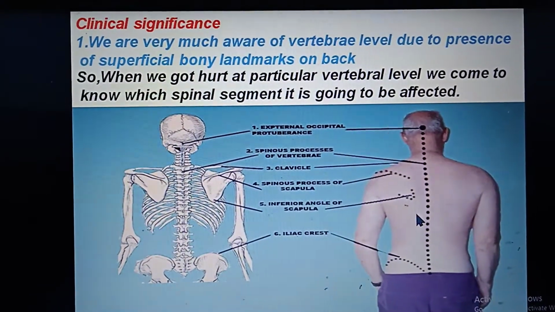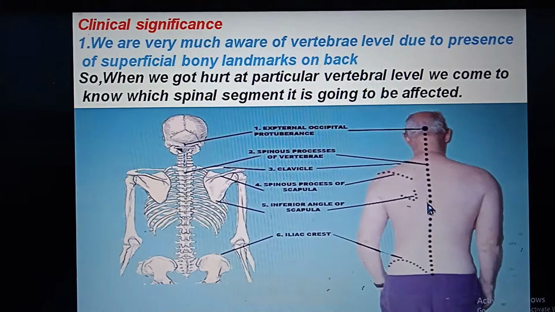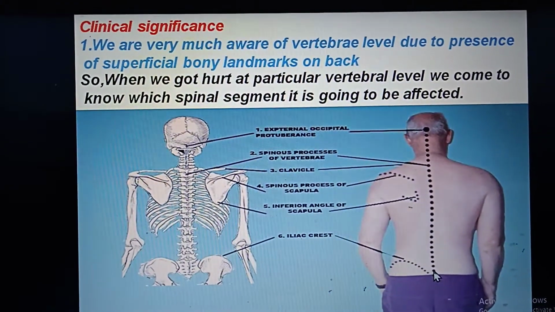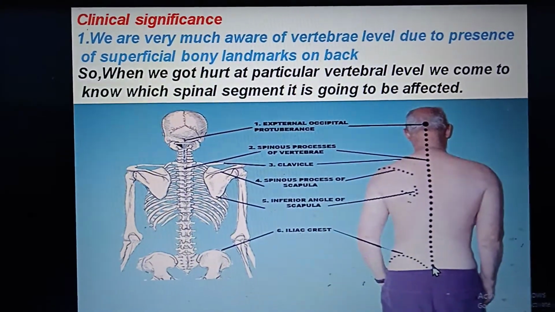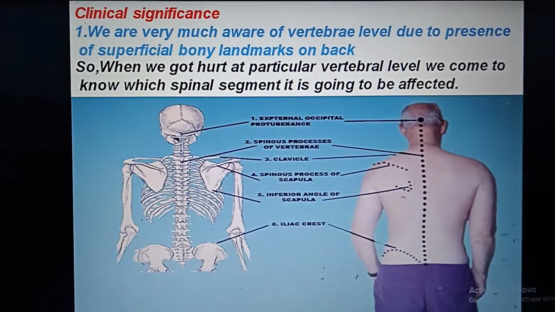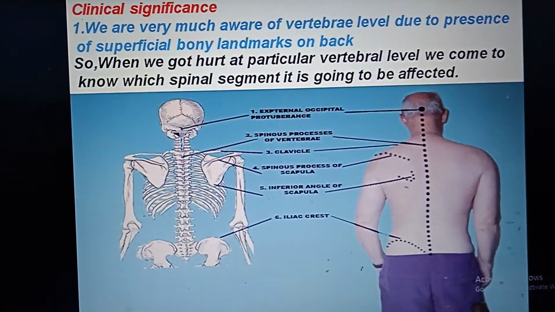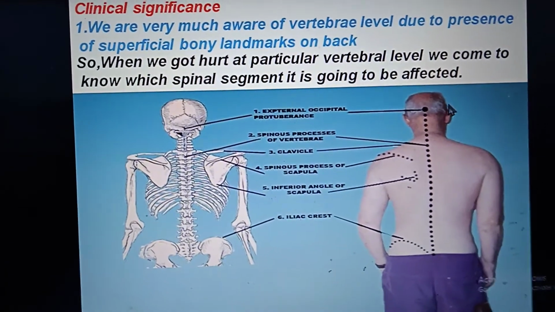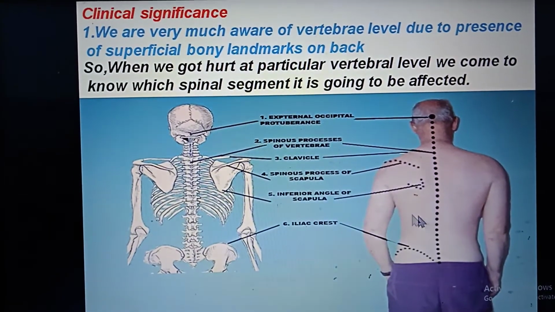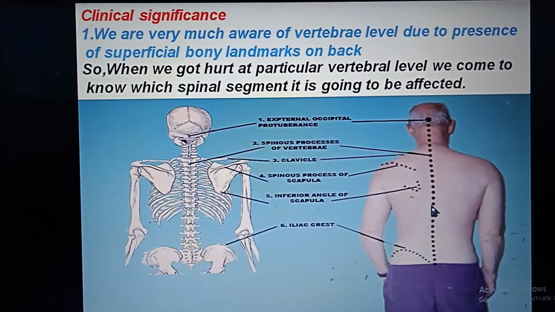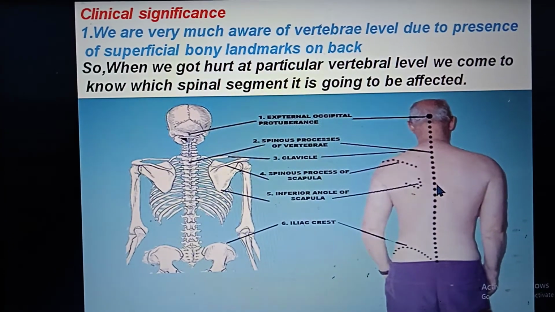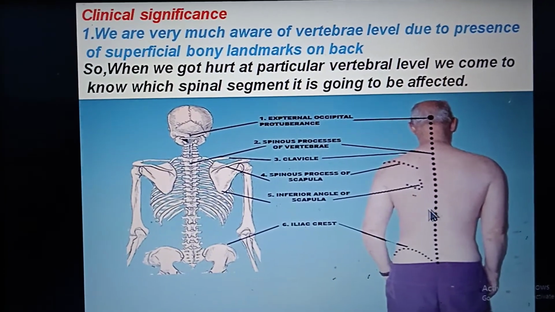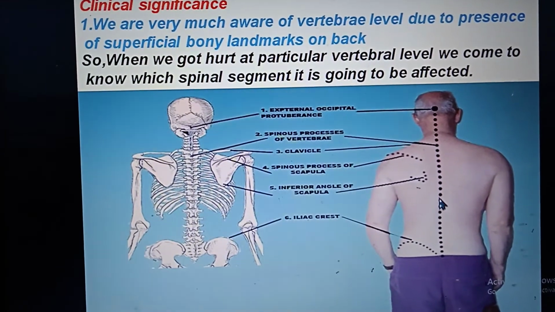That's how we can count the vertebral level. When someone is hurt at a particular vertebral level, we come to know which spinal segment is going to be affected. Suppose the level is T7 or T6.